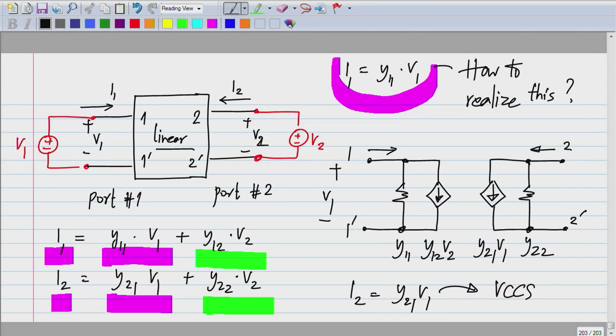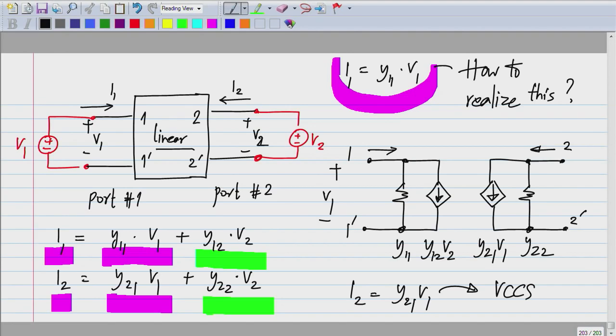The person using that may not need to know all the internal details. Let's say you have this black box which has hundreds of resistors and control sources and whatnot, but it has only 2 pairs of terminals brought out. Someone using this doesn't need to know all the intricacies of the circuit inside. They only need to know the current voltage behavior at the terminals.